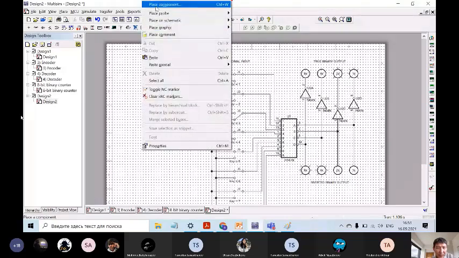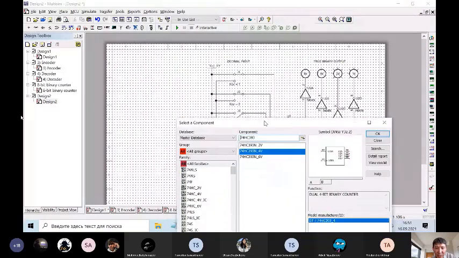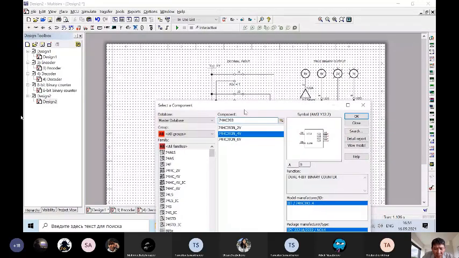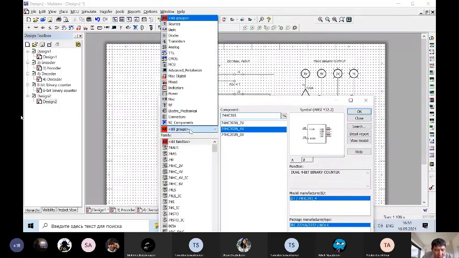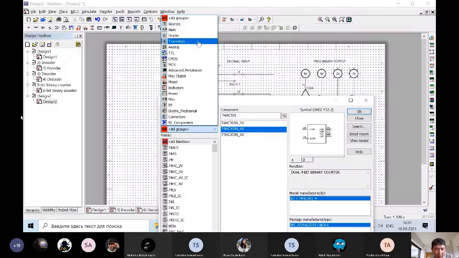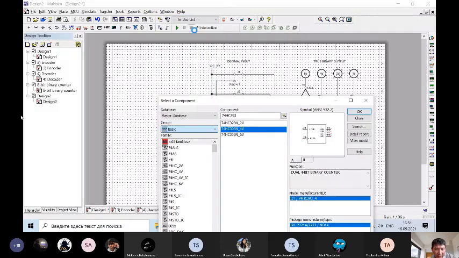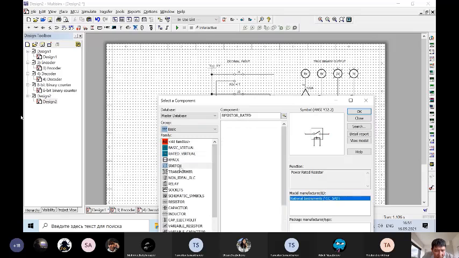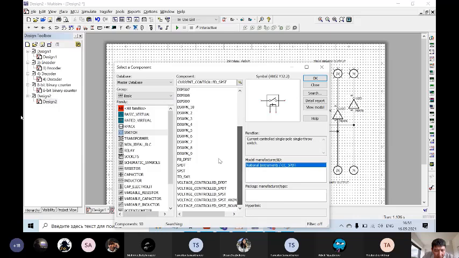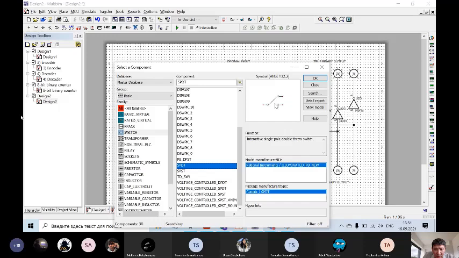Okay, so you need to find a switch. In Multisim we have a variety of switches, but I will show you what kind of switch to use. First, you need to go to the basic group, and from the basic you need to choose switch, and here you need this one, SPDT.